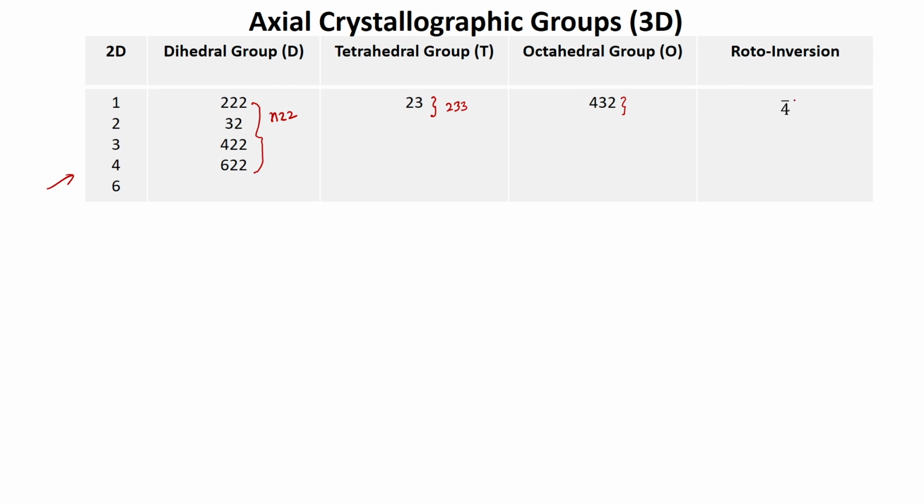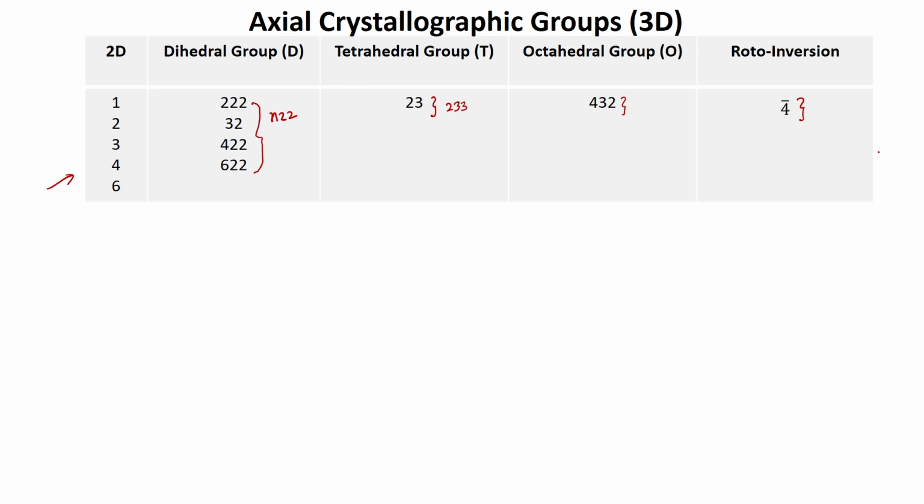And then finally, I have also included one roto-inversion axis, which is 4 bar, because in the earlier lecture we had seen that of the roto-inversion axes 1 bar, 2 bar, 3 bar and 6 bar, 1 bar is simply inversion symmetry, while 2 bar, 3 bar and 6 bar can be decomposed into other point groups.